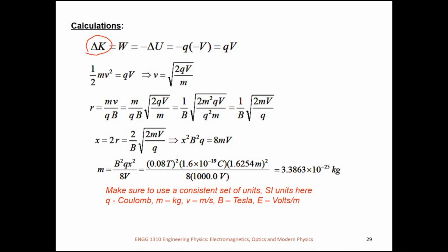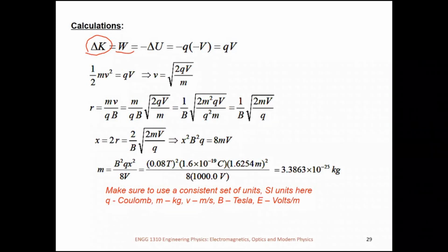But this initial velocity is relatively small compared with the velocity obtained from the electrical field. So we just say the initial velocity is zero. Then the kinetic energy change is just the kinetic energy obtained, which equals the work done by the electrical field.